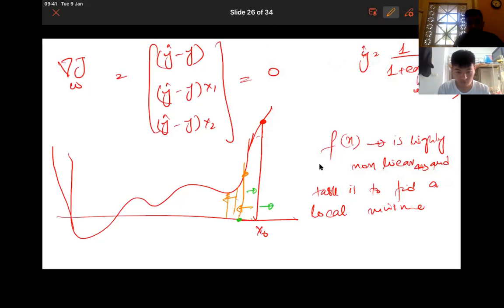Eventually you will reach a local minimum. So basically the goal is that at each step you go in the direction in which the function is decreasing, in fact decreasing the most. These are called gradient descent methods.